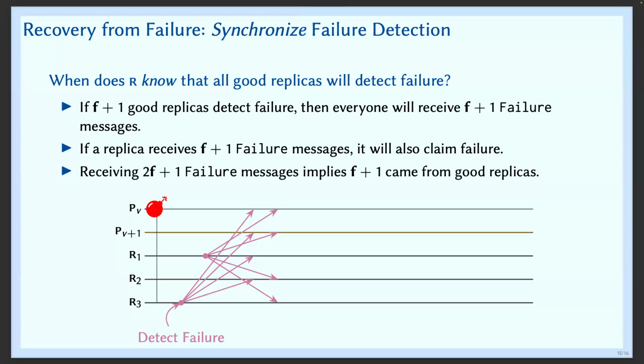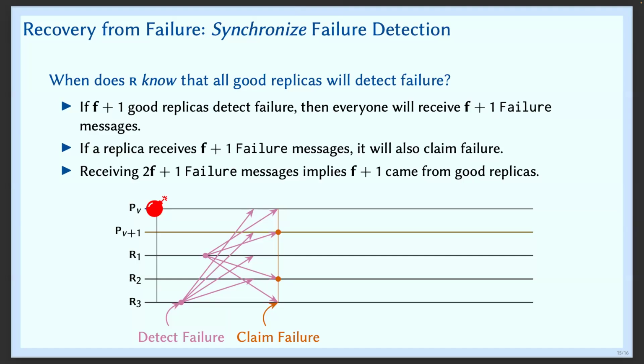Now in general, you could have R3 detect a failure and tell everybody. This is the old primary, this is the new primary. R3 detects a failure and tells everyone. Some later time, R1 also detects a failure and notifies everyone.